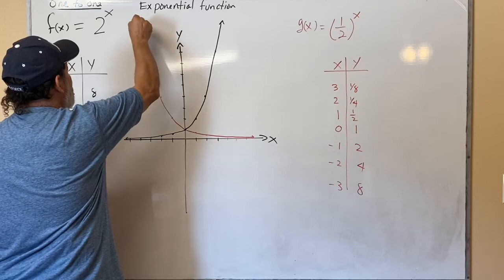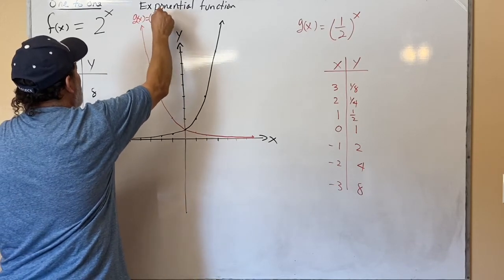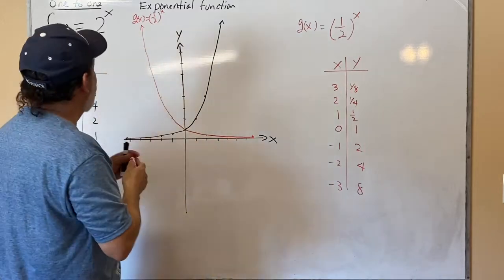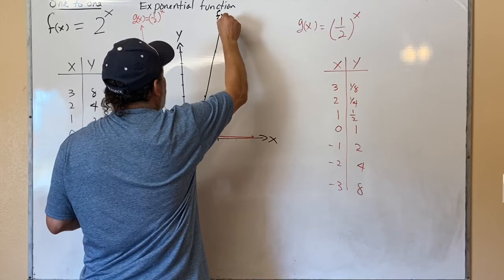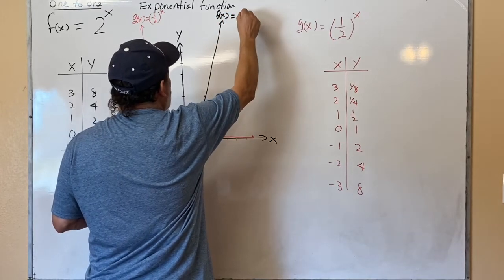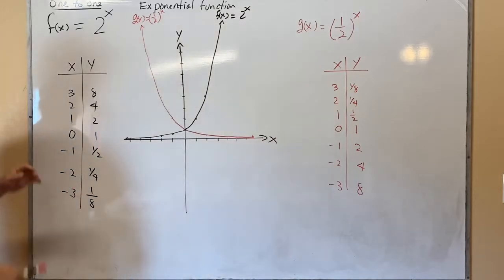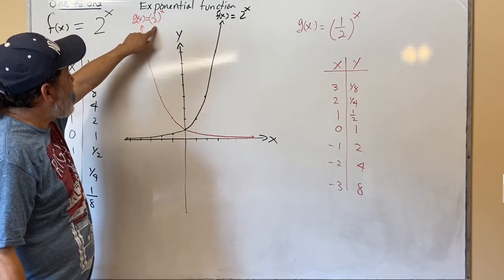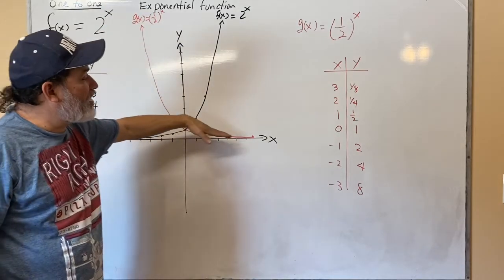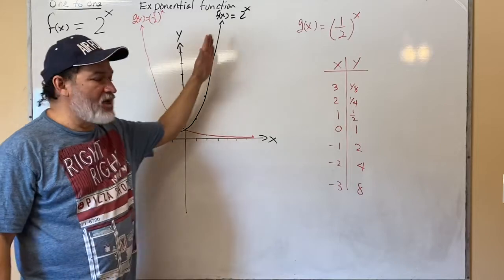This is g of x equals half to the x. And this is f of x equals 2 to the x. Note, when the base is half, it's decreasing; when the base is 2, it's increasing.